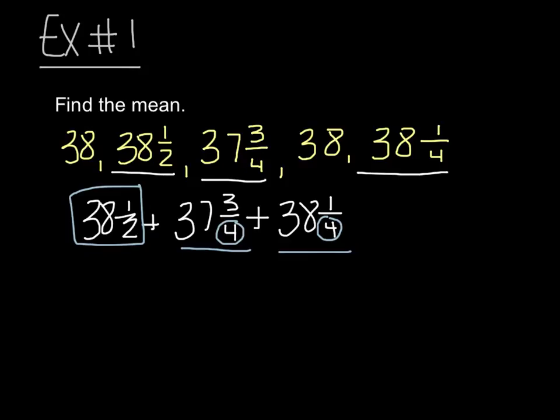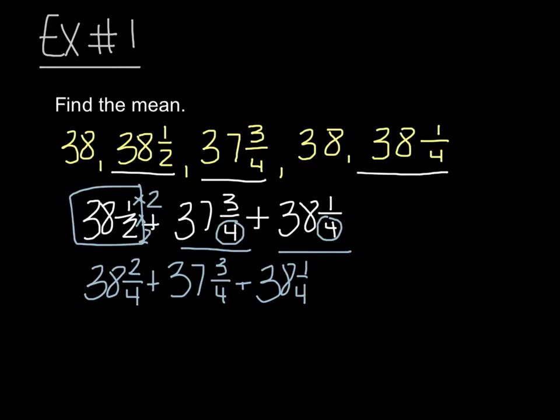I know if I multiply 2 times 2, it's going to give me 4. So all I have to do is multiply the numerator by 2 also. So I change it to 38 2/4. Now I can add. First, add your whole numbers.